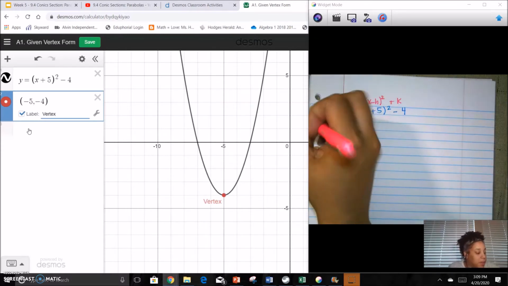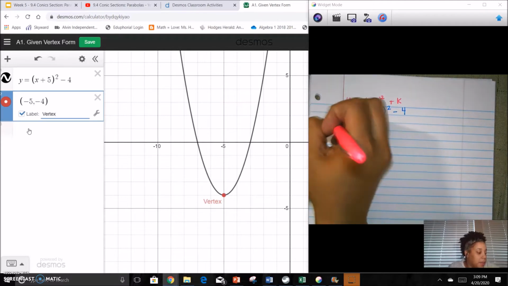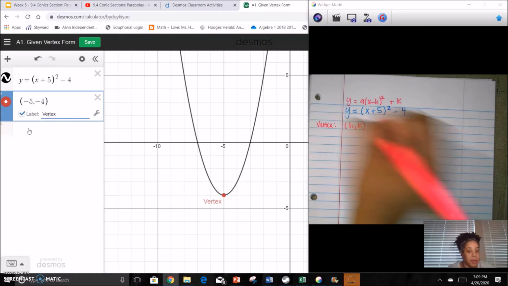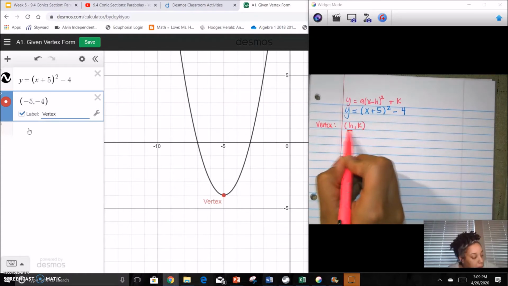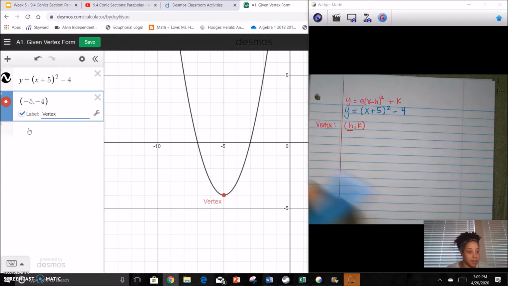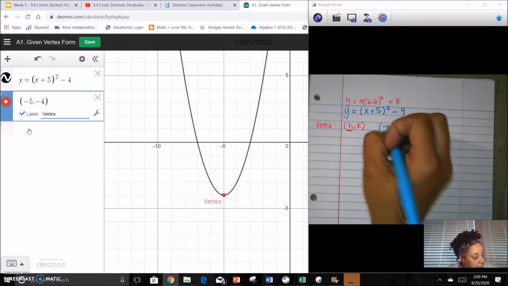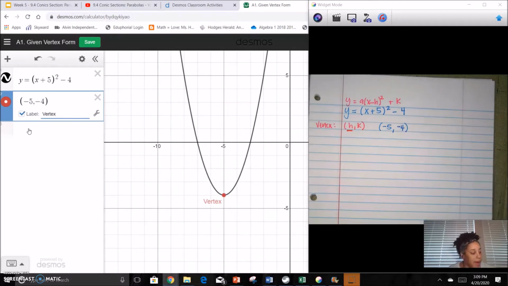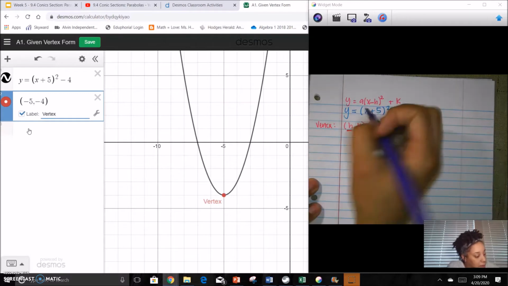So if it asks me for the vertex, it is going to be my h comma k, and we have to remember that the h will always flip signs. So that's why it is -5, -4.